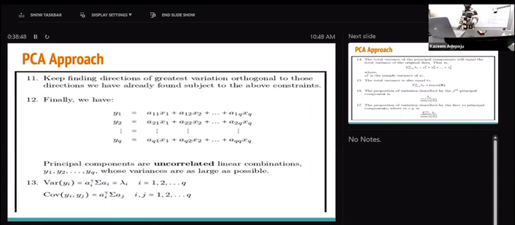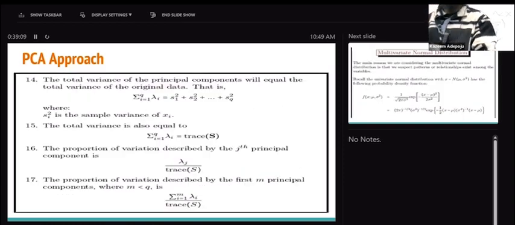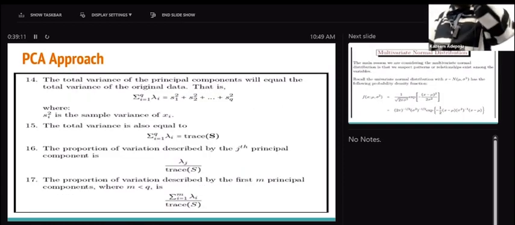That's what you see in 12. And in 13, we're looking at the variance of each of the principal components that we created, and the first principal component will be the one with the largest variance. In 14, we are adding all the variances. Adding all the variances is like, you want to know the total variance.